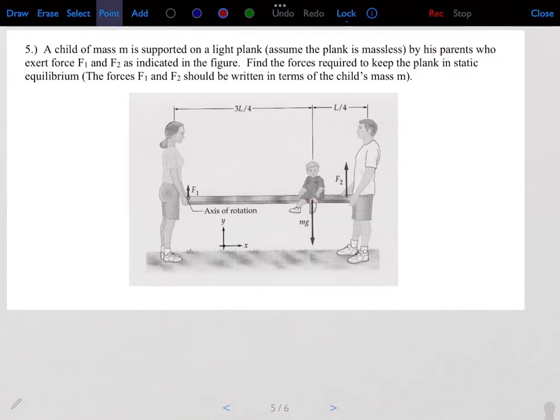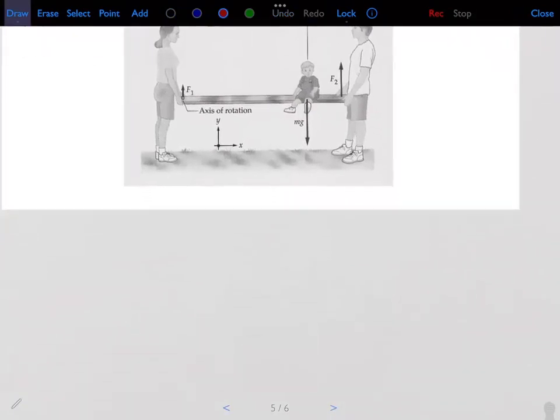Okay, that's fine. All right, this is very similar to the first problem that we did, with the child doing the push-up, that girl doing the push-up. Very similar. So I'm going to draw this out. Here's the plank. Here is the mass of the child acting down. So this is going to be the weight, which is the mass times g acting down. And then I'll call this F1 acting up here.